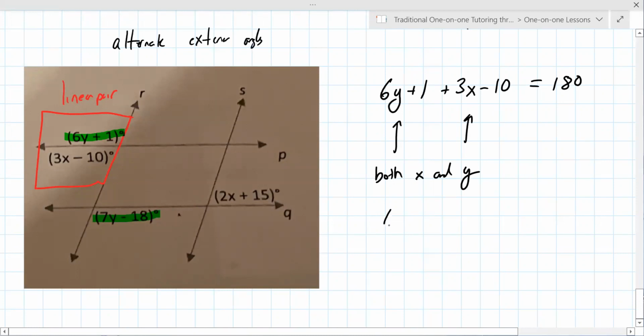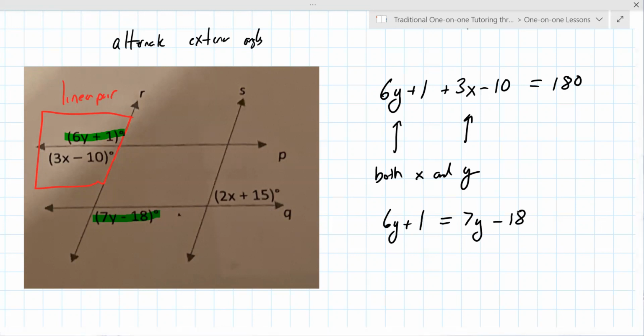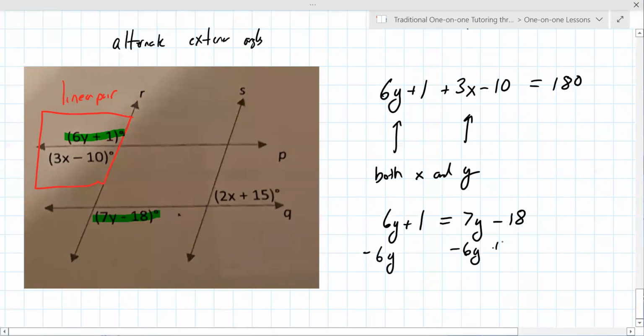So 6y plus 1 equals 7y minus 18, and that's because they're alternate exterior angles. What's nice about those is you can set them equal. So you can subtract 6y from both sides, you can add 18 to both sides, and you end up getting y equals 19.